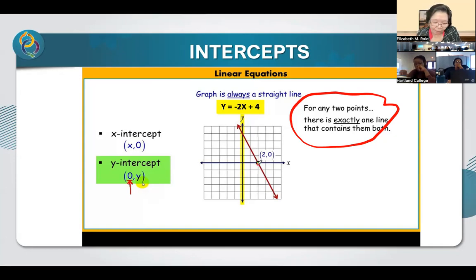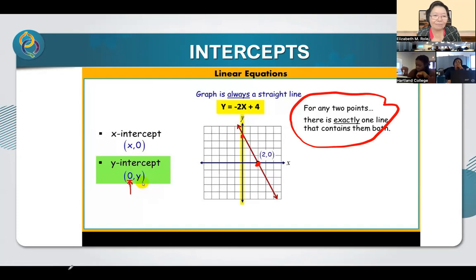So this one is our x-intercept. But when x is equal to 0, your y is equal to 4. So having only 2 points, you will already be able to graph your linear equation. So we have learned about that last meeting.